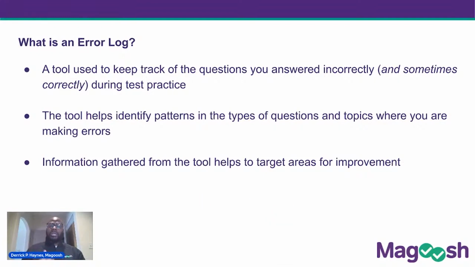An error log will identify to you that, hey, this type of problem you're getting incorrect. And the reason why you're getting this problem incorrect is not because you're missing a step, but missing a fundamental part of understanding the content.